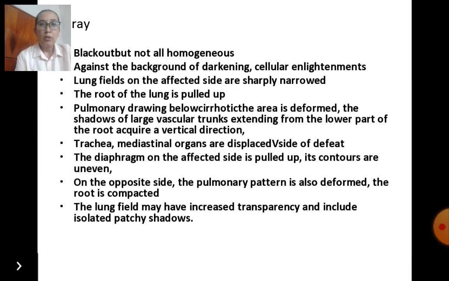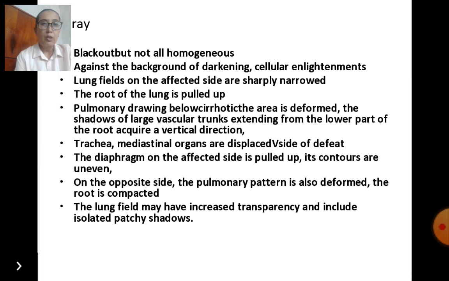X-ray. During the X-ray we can see blackout, but not all homogeneous. Against the background of darkening, cellular enlightenments; the lung field on the affected side is sharply narrowed. The roots of the lungs are pulled up. Pulmonary drawing in the lower thoracic area is deformed.